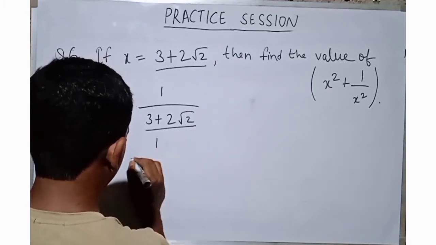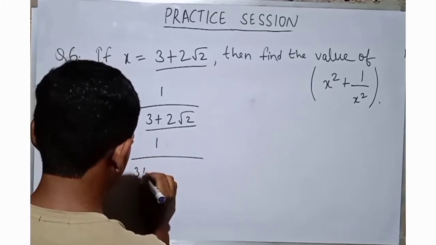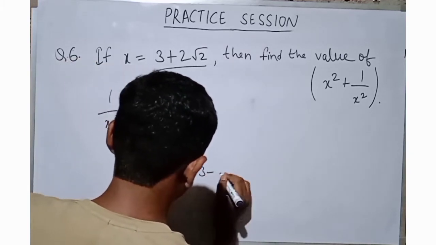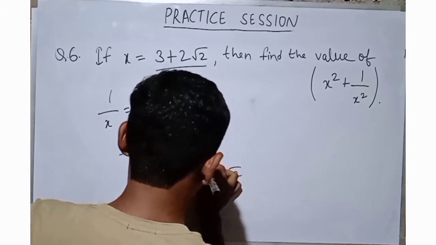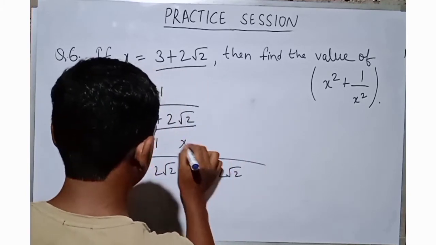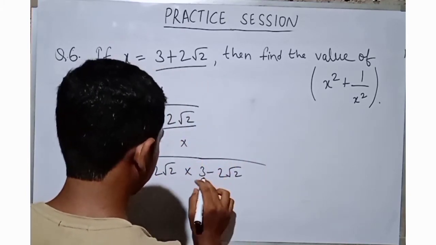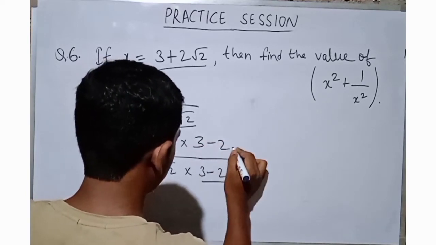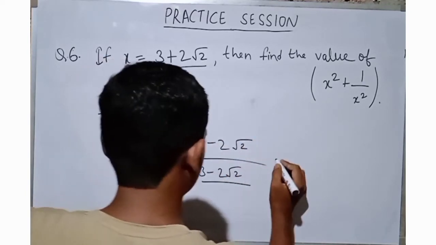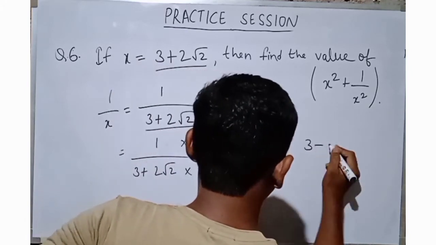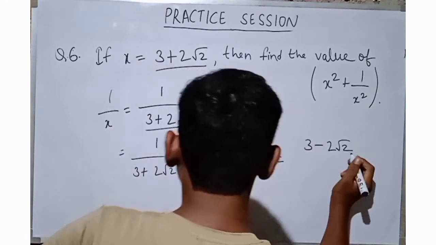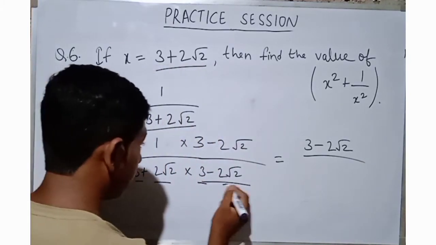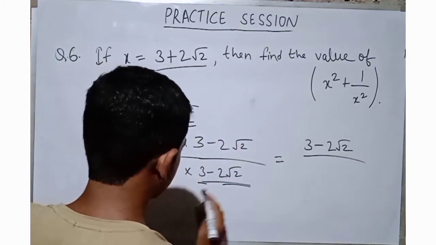So it will be 1 by 3 plus 2 root 2 into 3 minus 2 root 2, and we multiply the same 3 minus 2 root 2 in the numerator too. So it will be 3 minus 2 root 2 at the numerator, and here it is a plus b, a minus b, so it will be a square minus b square.